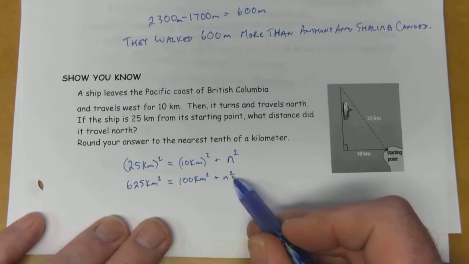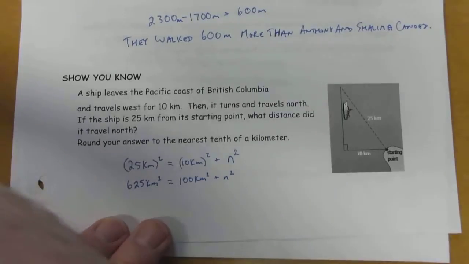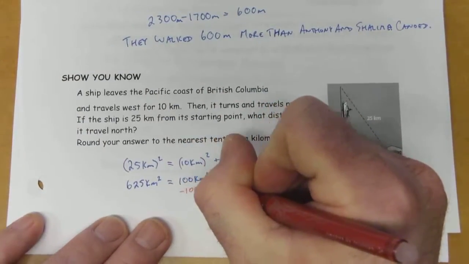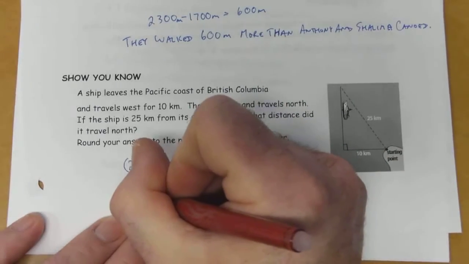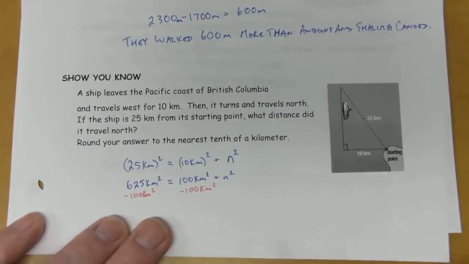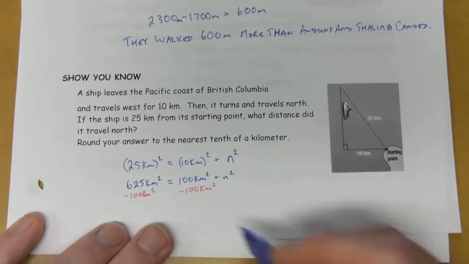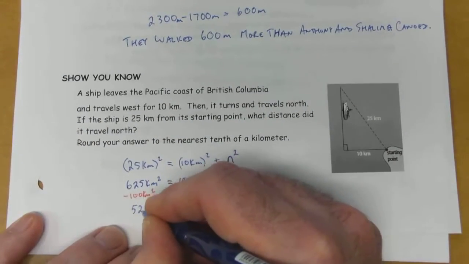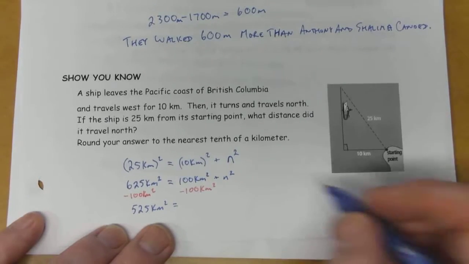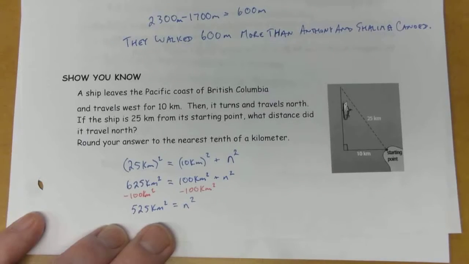In order to get the n by itself, to figure out what its value is, we need to subtract 100 kilometers squared from the right. And if we do it on the right, we need to subtract it on the left as well. Once we do that, we have 525 kilometers squared is equal to n squared.